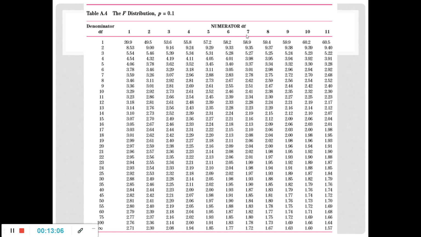Since you have 2 degrees of freedom for F test, you need to look for the numerator degrees of freedom and the denominator degrees of freedom, and also take into account the level of significance which you are looking for. So confirm that first. And this page only stands for 0.1 level of significance.